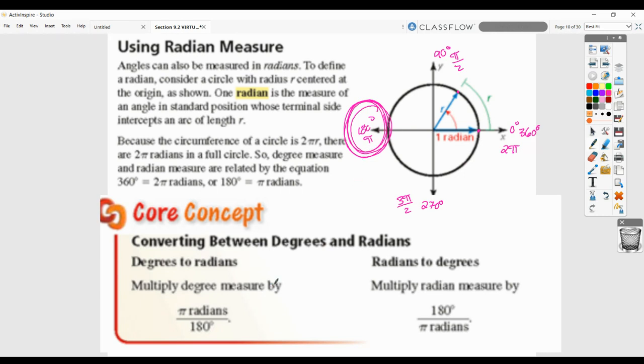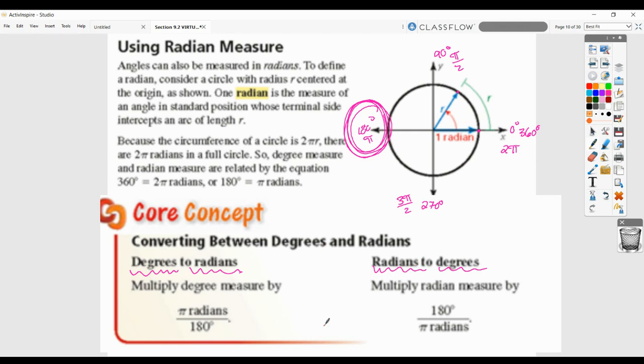So here's what you need to remember. It's one little conversion that you do to go from degrees to radians, and there's one simple conversion to go from radians to degrees. Now, oftentimes, radian measurements have pi in them, so we just keep pi in there.